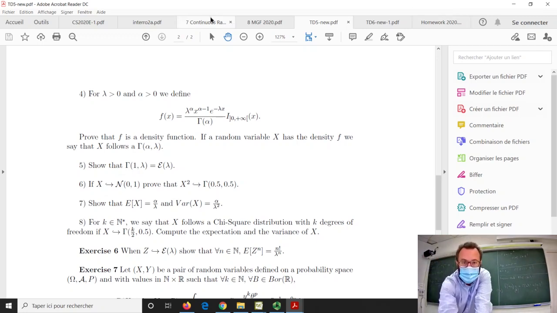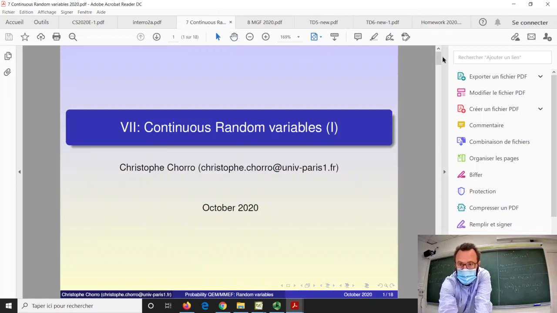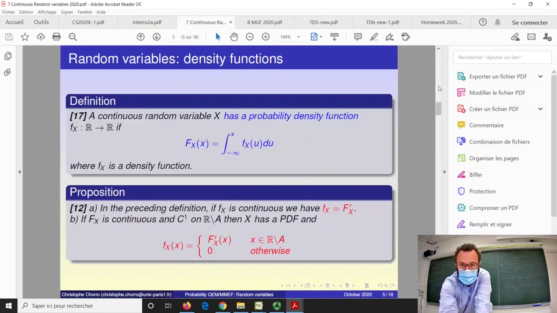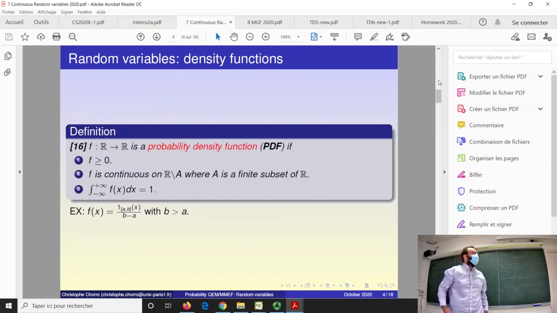If I know my course, and I will have two for the midterm, it's definition 16. The density function is something that is positive, in the large sense, continuous except for a finite number of points, and with an integral equal to 1. So I have three things to check if I want to prove that something is a density function.